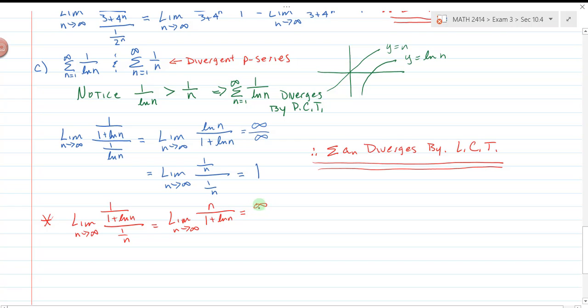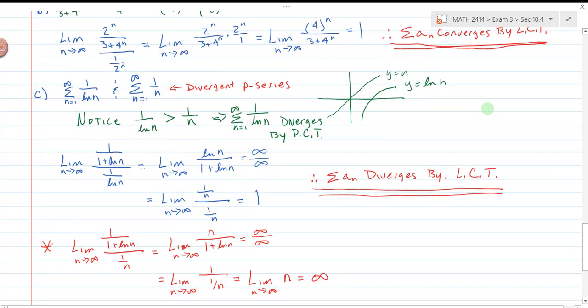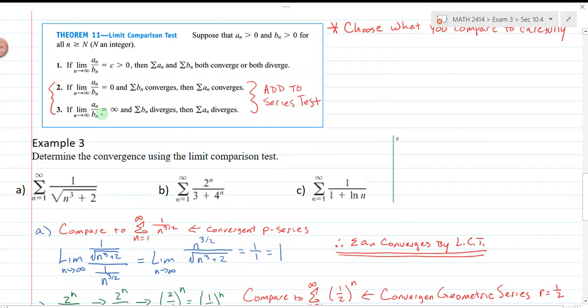This is an indeterminate form, infinity over infinity, and that means that this would be equal to the limit as n approaches infinity of the derivative of the numerator over the derivative of the denominator, and that's going to be the limit as n approaches infinity of n, and that's equal to infinity. And we had that condition on the limit comparison test that said that if you get infinity for your limit and the series you compared to diverges, then your series will also diverge.